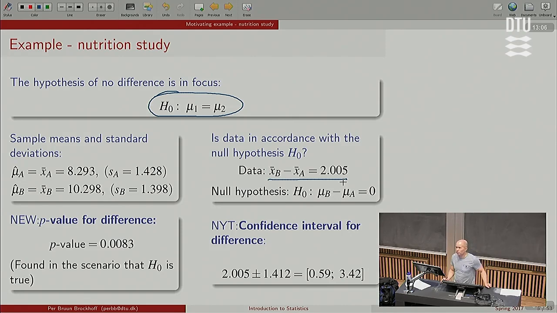the means have a difference of 2.005. The question is whether this difference is large enough to make us question the hypothesis of the true difference in means being 0. And we are going to show you how to find, now you know the idea, a hypothesis test p-value for that hypothesis. In this case, it turns out, what does it show? Is this a small or a large p-value?